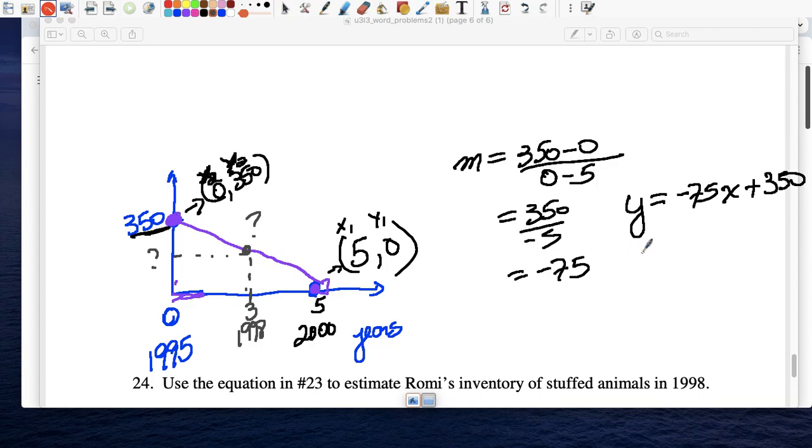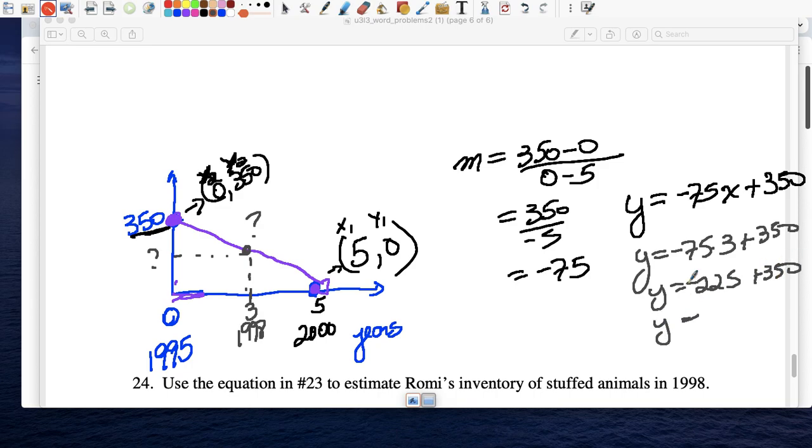Well, y equals negative 75 times what? Times 3, because that's the input. Negative 75 times 3 plus 350. Negative 75 times 3 is negative 225. Negative 225 plus 350. y equals 125.